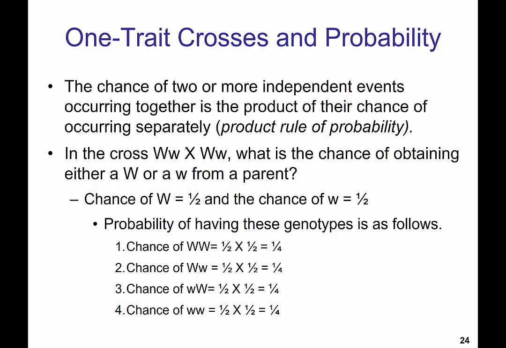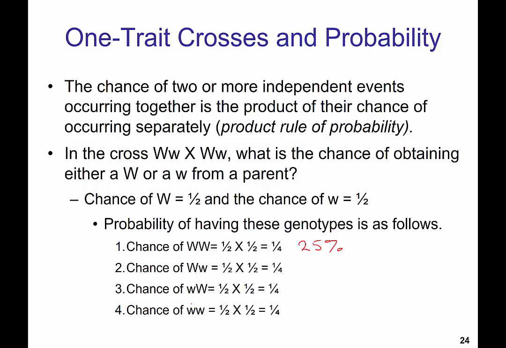Once we have that figured out, we can have the probability of having genotypes. So the chance of having big W, big W, you have 1 out of 2 multiplied by 1 out of 2 equals 1 out of 4. That's a 25% chance. The chance of getting big W, little w is the same. 1 out of 2 times 1 out of 2, 1 out of 4, or 25%.